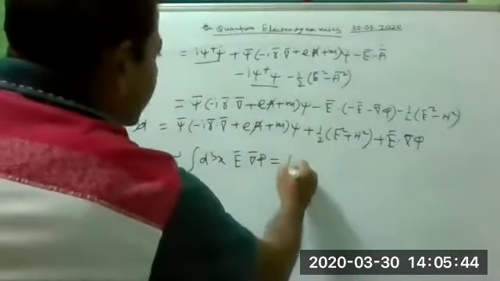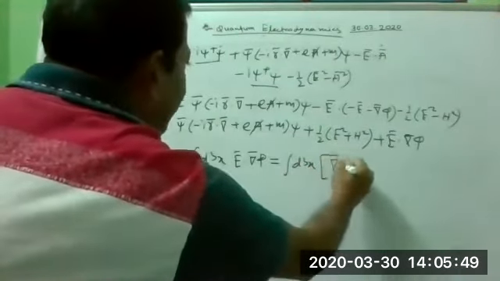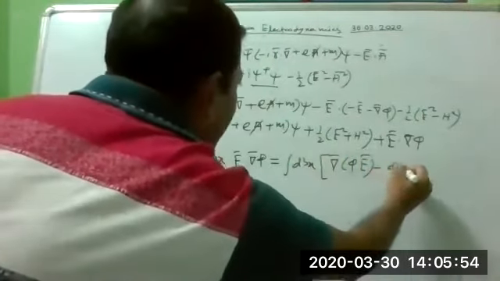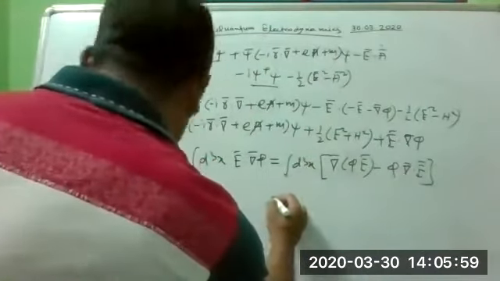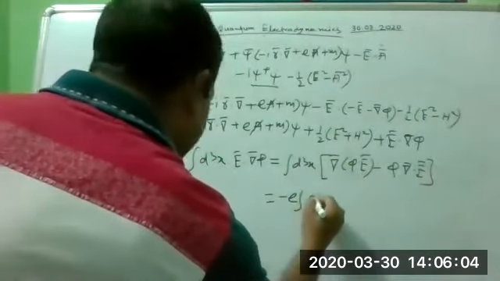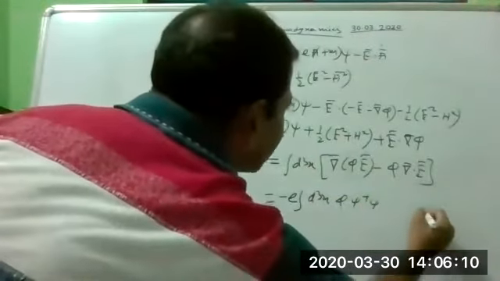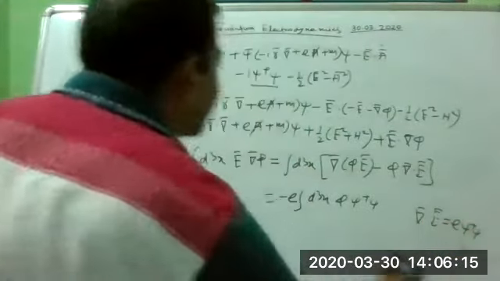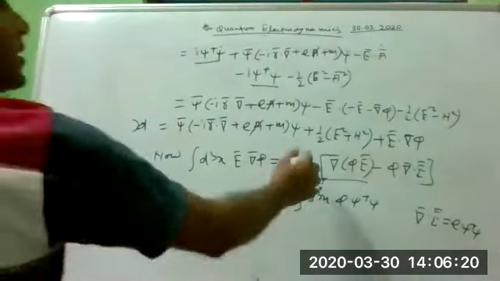You can write this as the integral of d^3x of grad of phi E minus phi times divergence of E. So the first term cancels out since it is a surface term, and the second is minus e phi psi dagger psi, since divergence of E, all of you know, is e psi dagger psi.